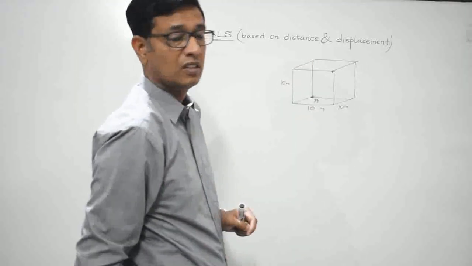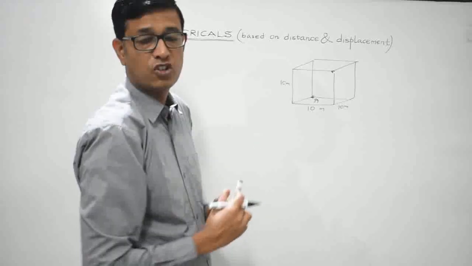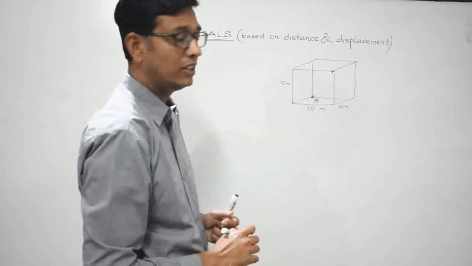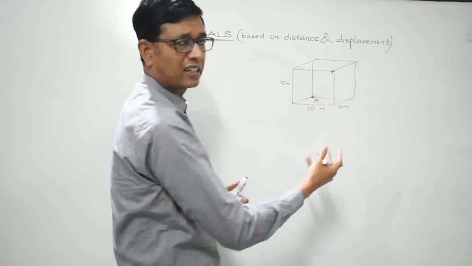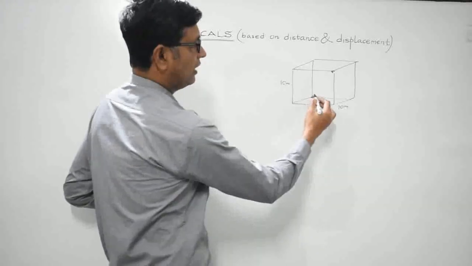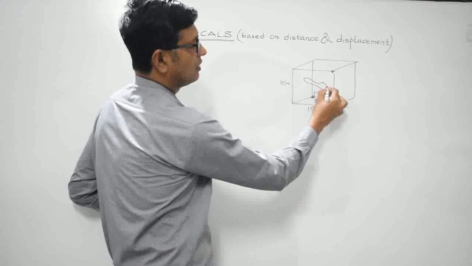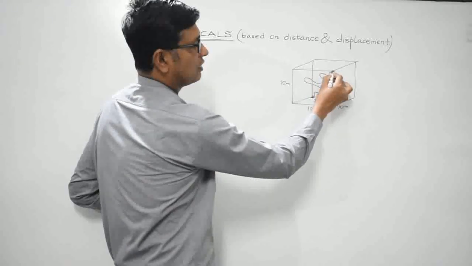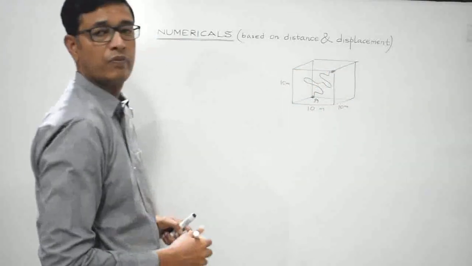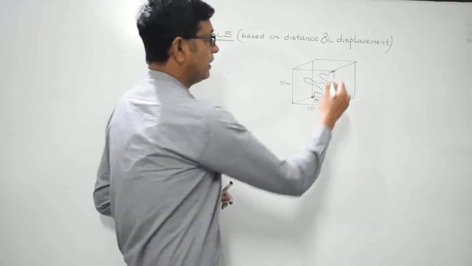So my question is, there is a room in the form of a cubical shape of side 10 meter, right? A fly, an insect, a mosquito, whatever. A fly starts from point A, from one corner, and following a zigzag path, it reaches the opposite corner of the room. What will be its displacement?